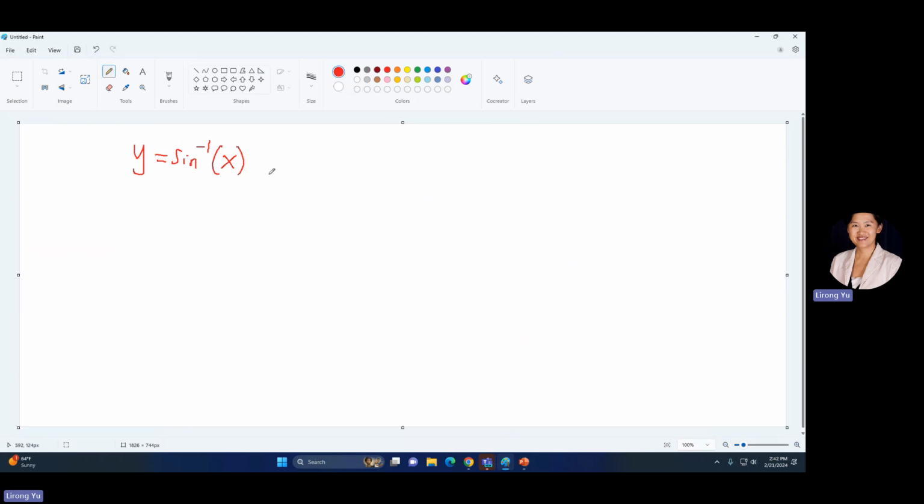Okay, so number one, we've got to understand the meaning of sine inverse. Sine inverse is an angle that has a sine value. So y equals sine inverse of x means that if you apply the sine function on both sides, sine of y equals sine of sine inverse of x, which equals x.